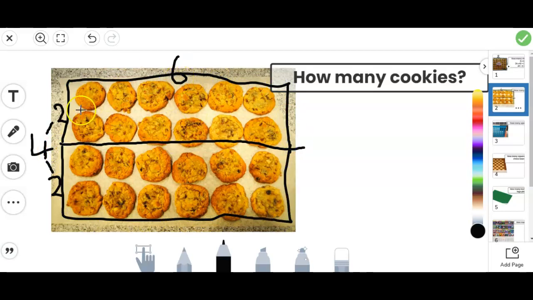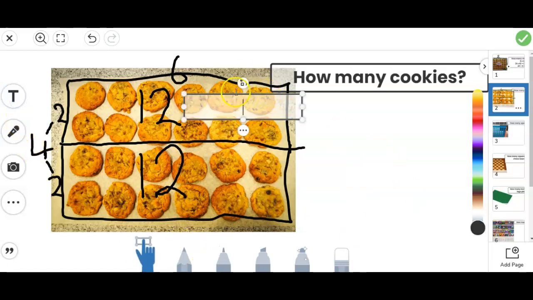Because I know my doubles, I know that 6 times 2 is 12. So there's going to be 12 in the top group, and there is going to be 12 in the bottom group. And then all I need to do is add those two together.